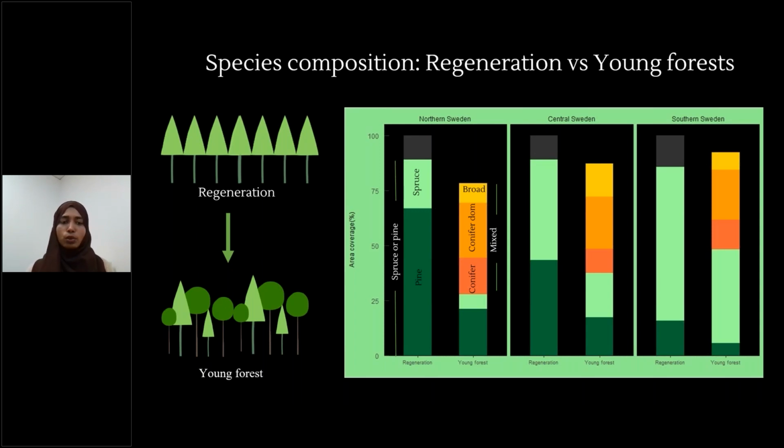And although there is this change in species composition, we are getting a lot of mixed forest, that's true, but we are also losing Scotch pine, you know, because of this high browsing. And in southern Sweden, in young forest, there is almost no pine. And that could be not good for much of the biodiversity that's dependent on Scotch pine.